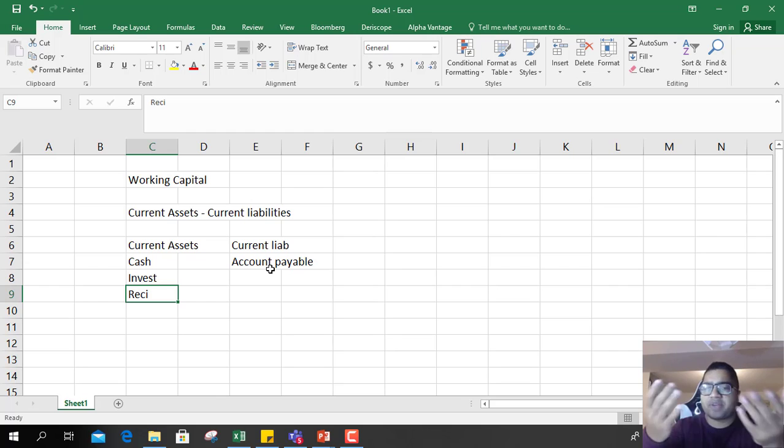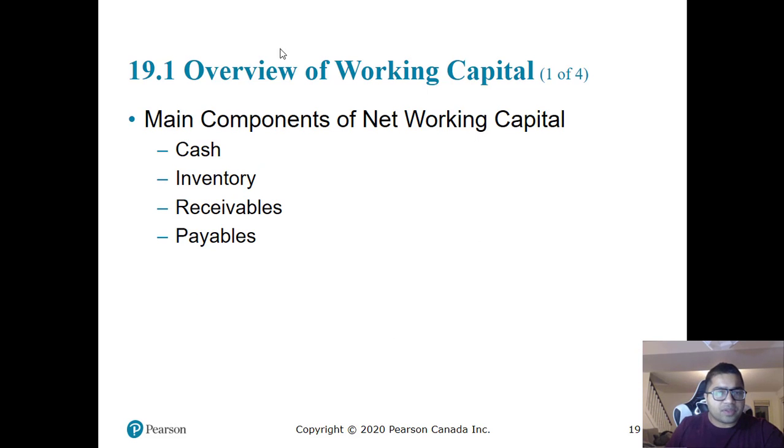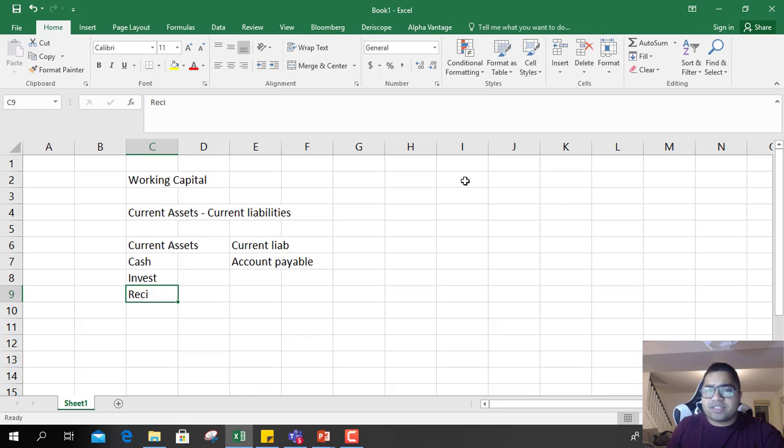It is manufacturing toys, mostly it will be buying those toys from China. So whatever credit is extended by these Chinese manufacturers to our company, that is account payable. So the main components of net working capital are cash, inventories, receivables and account payable. This chapter is about managing all of these components.